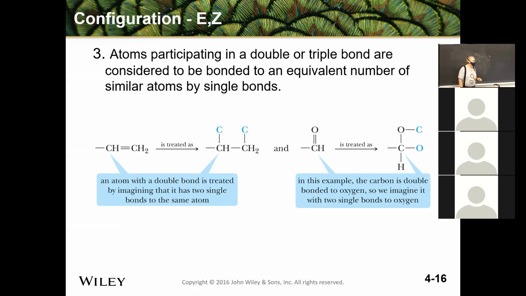We treat a carbon-carbon double bond like it's bonded to two carbons. So if I were to write these out, carbon and carbon are the same. Hydrogen, hydrogen are the same. But then we've got one carbon and one hydrogen versus we treat this as though it's two carbons. So this would take priority.